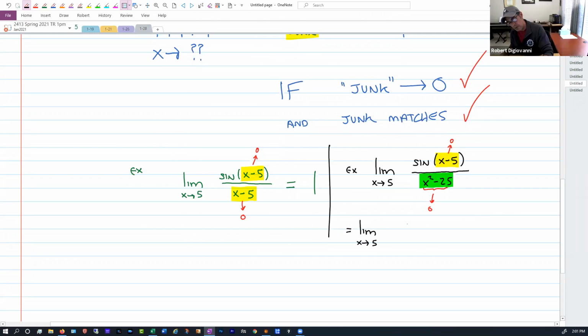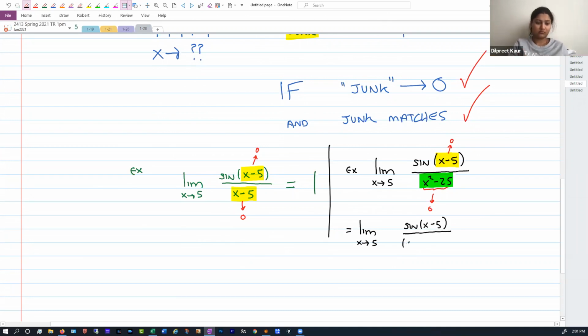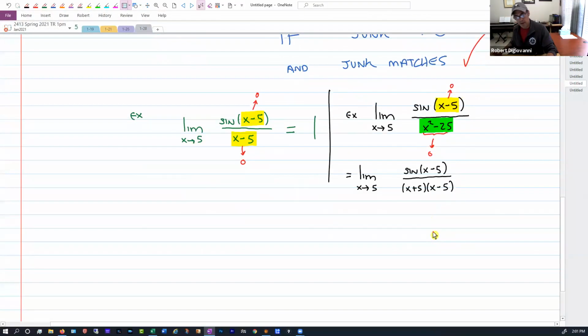You just tell me whether or not you agree or disagree with this. You can realize that the bottom is a difference of squares, right? That is a difference of squares. And now, watch this.